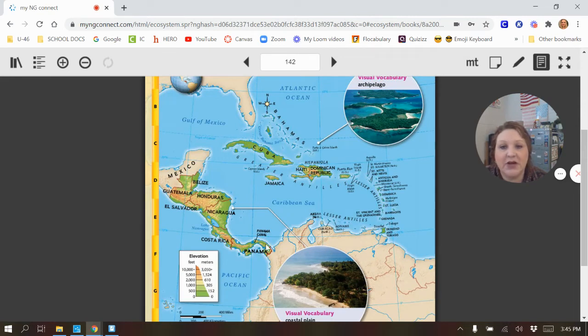And so here is our isthmus that is a narrow strip of land that is connecting 2 other areas of land, right? And so we have our 7 countries that are in Central America: Guatemala, Belize, El Salvador, Honduras, Nicaragua, Costa Rica, and Panama. So we are going to put that in our notes.